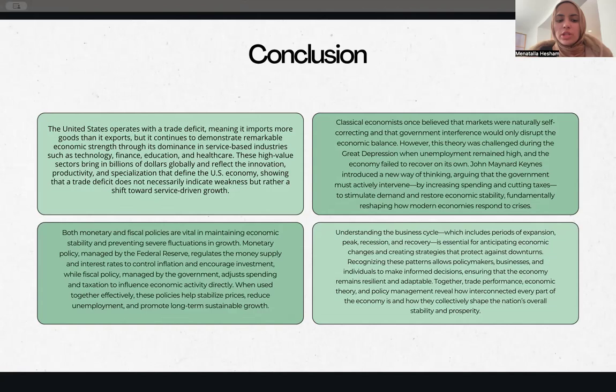Monetary and fiscal policies are crucial for managing inflation, unemployment, and growth. Finally, understanding the business cycle allows policymakers to respond efficiently to economic changes, minimizing the impact of recessions and maximizing the benefits of expansions.